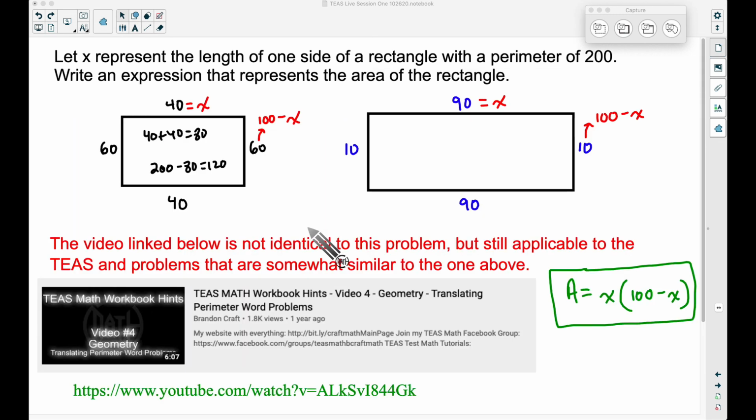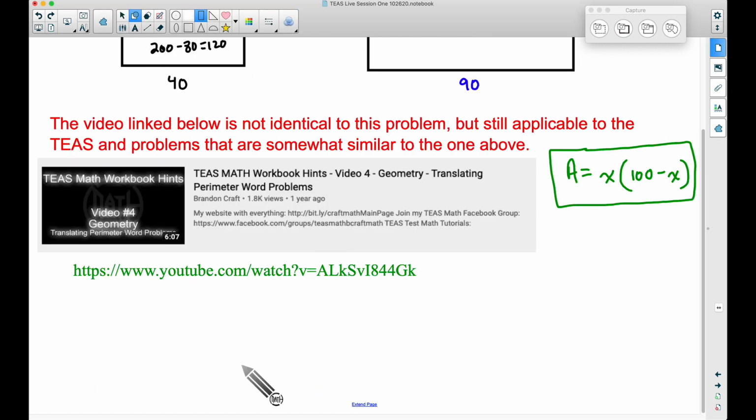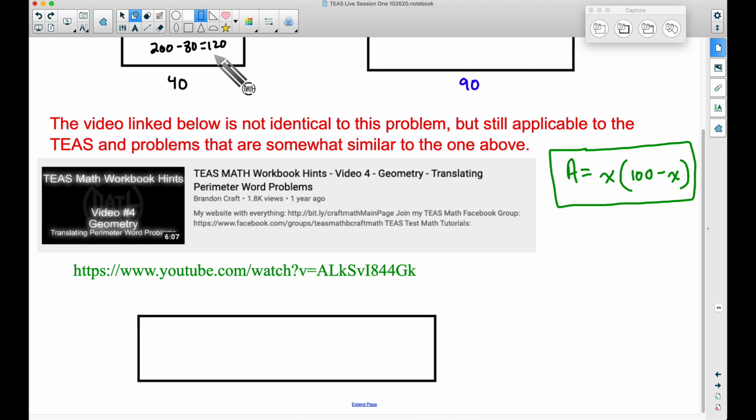If this problem here is causing your head to spin, draw some more rectangles. Just play around with this. If I draw another rectangle, it doesn't have to be drawn to scale. If I make this, let's say, 80 units long, if this is 80, that's going to be 80. And if you take 80 plus 80, that gives you 160, right?